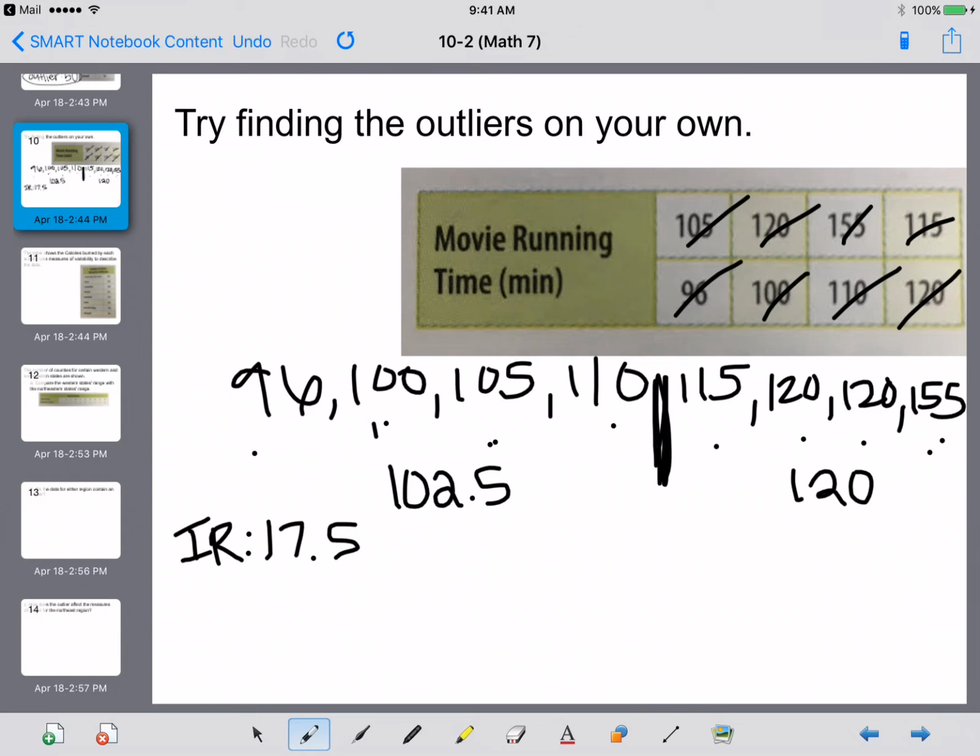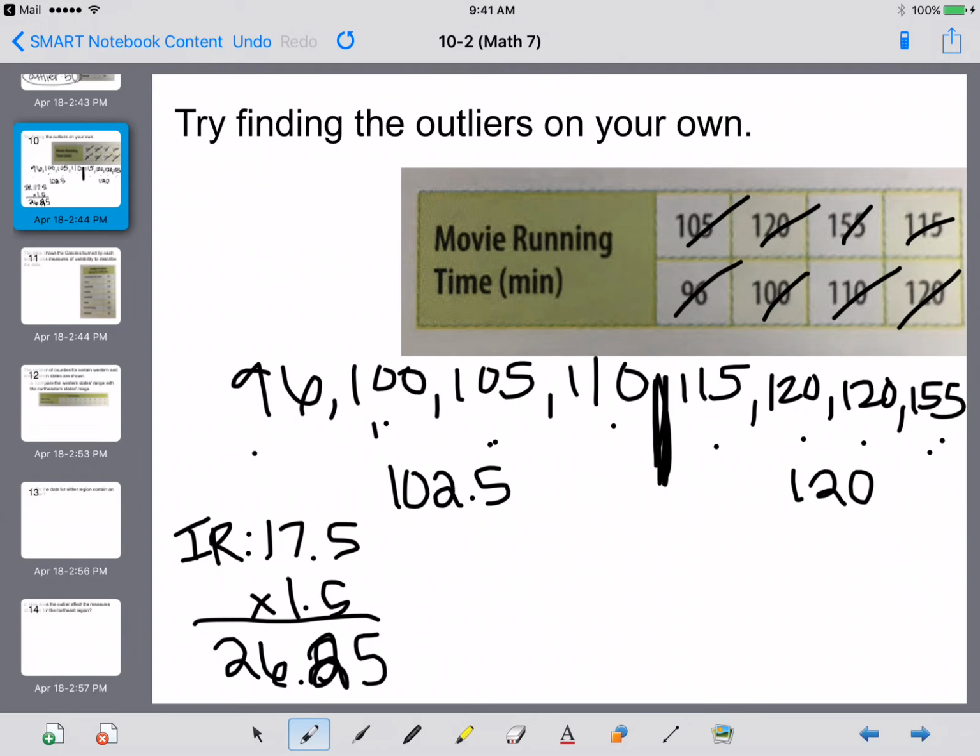Step 2 is to multiply that number by 1.5. So 17.5 times 1.5 gets us 26.25. Then we subtract that number from our first quartile.